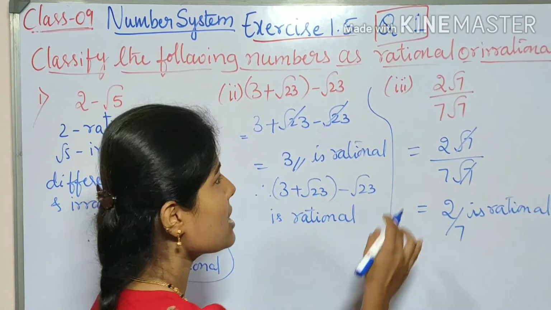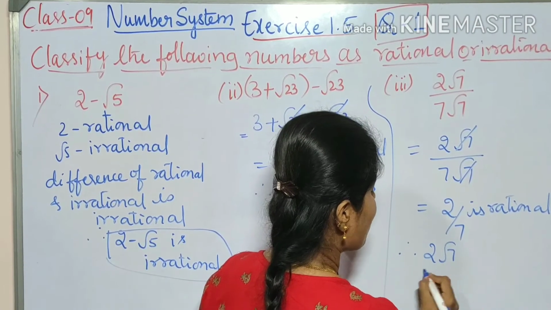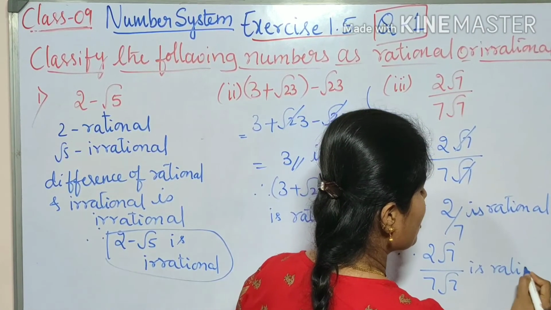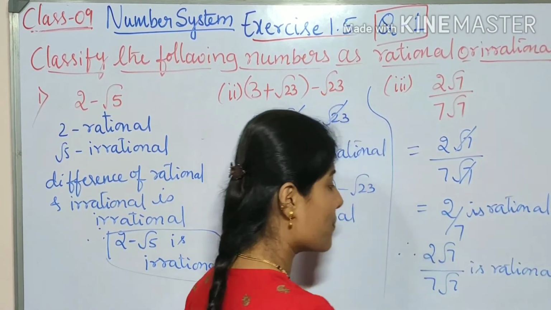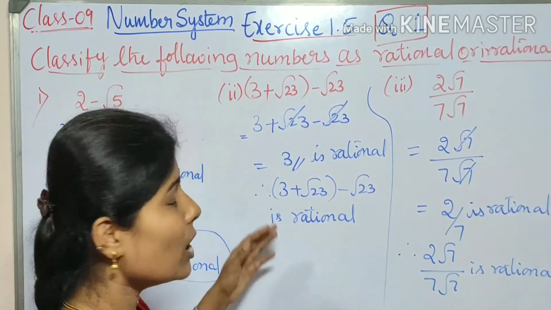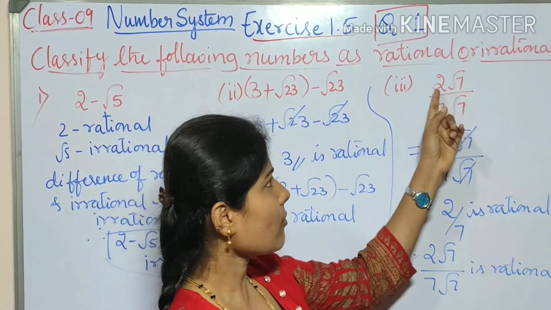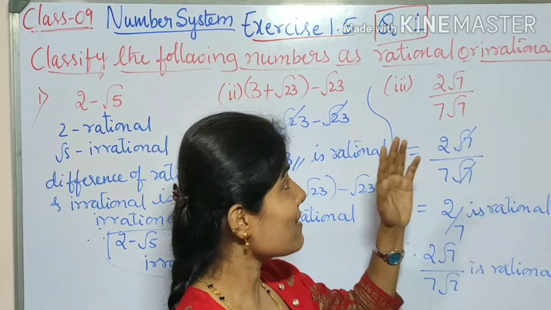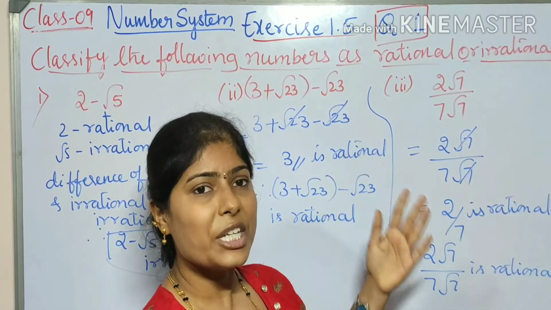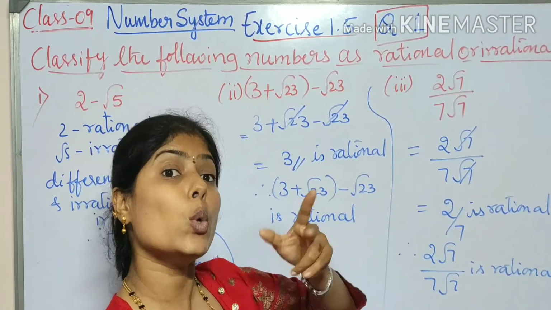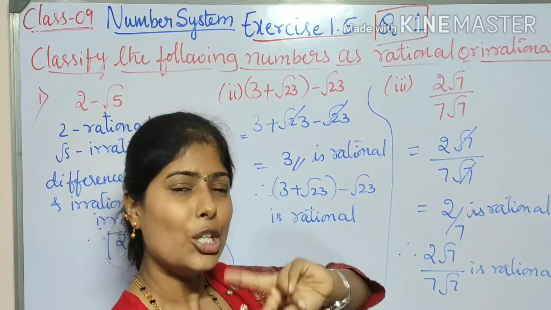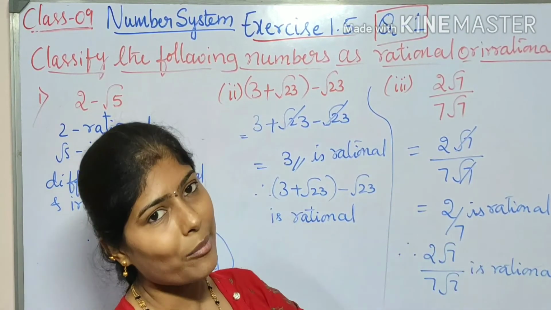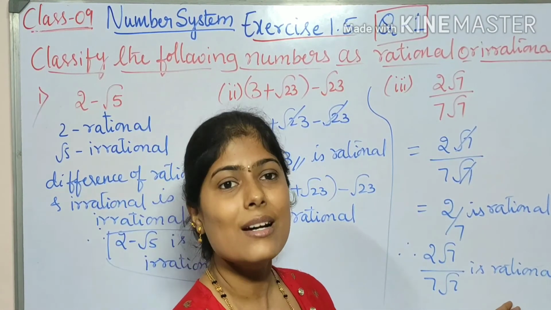Therefore 2 root 7 by 7 root 7 is rational. You can observe in point number 3 what we wrote: here 2 root 7 is irrational and 7 root 7 is irrational. As I told you, the sum, difference, product or quotient of two irrational numbers can be rational or irrational. So in this case it is rational.